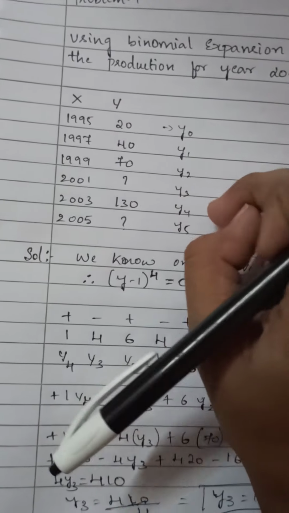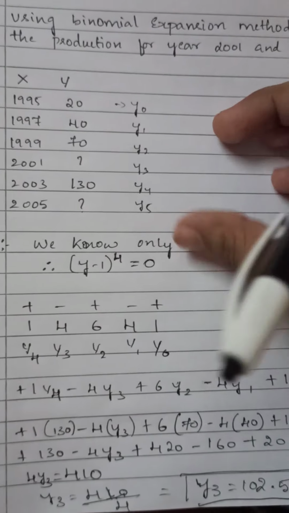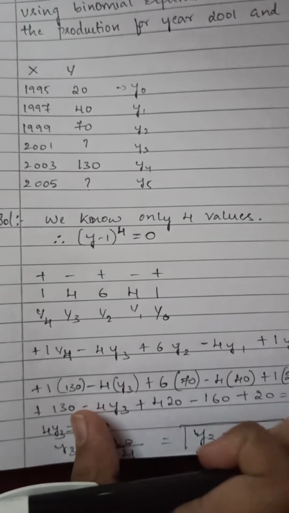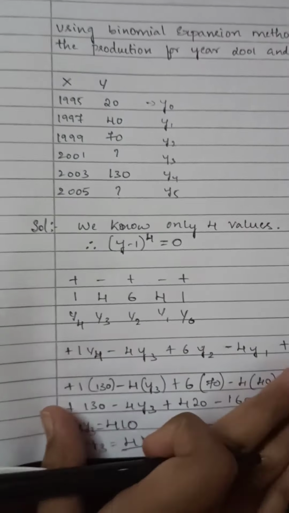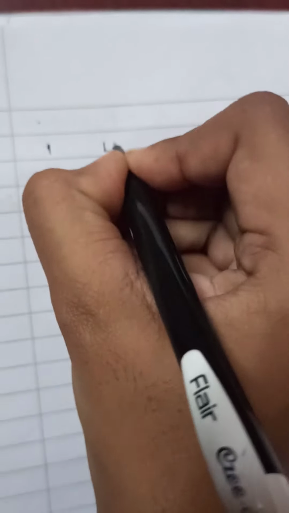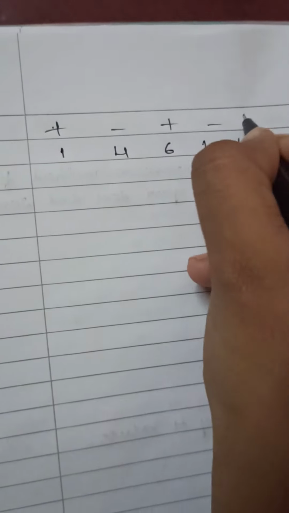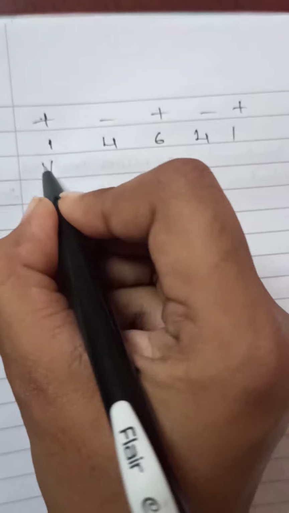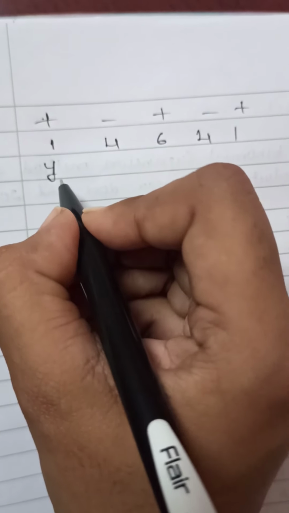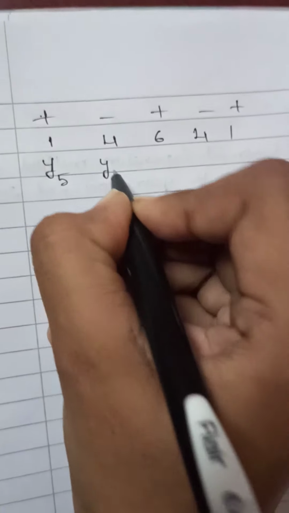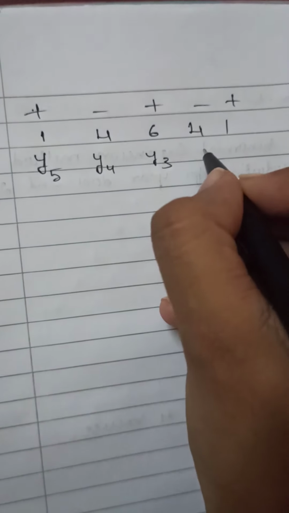So how many values do you know now? 5 values. Okay, 5 values you know. So increase the power to 5. The same Pascal triangle values, 1, 4, 6, 4, 1, then plus, minus, plus, minus, plus. 5 known values are there now, so y5, y4, y3, y2 and y1.